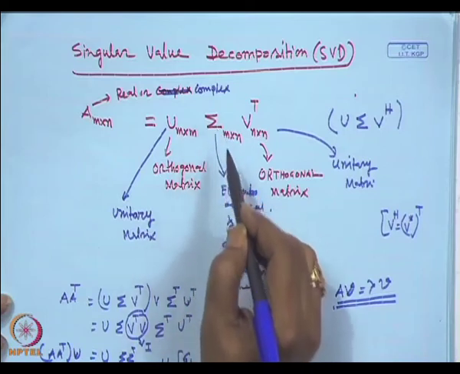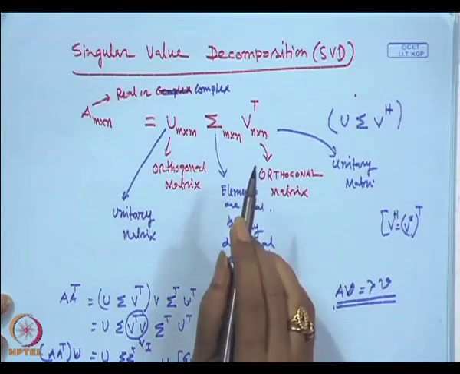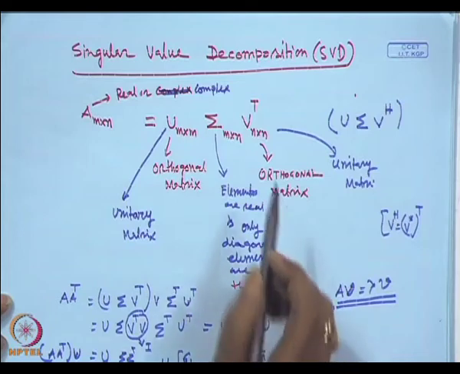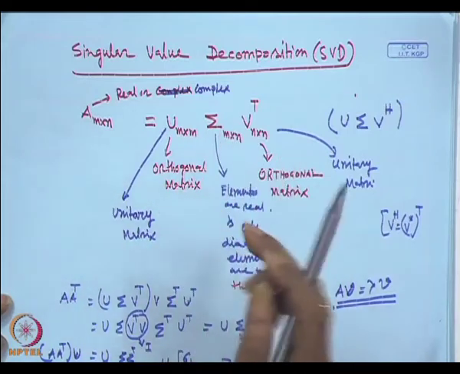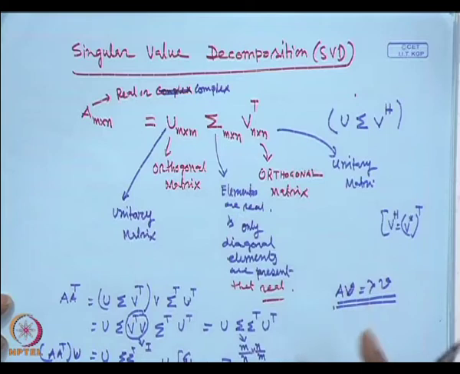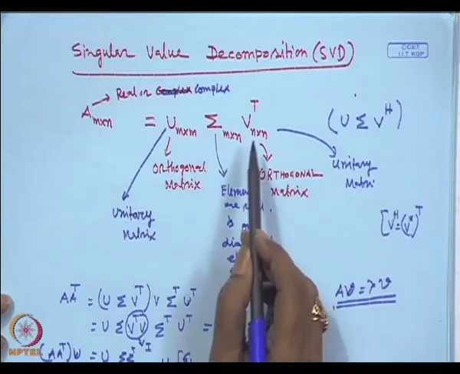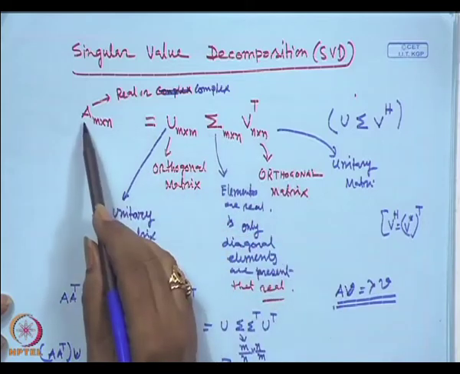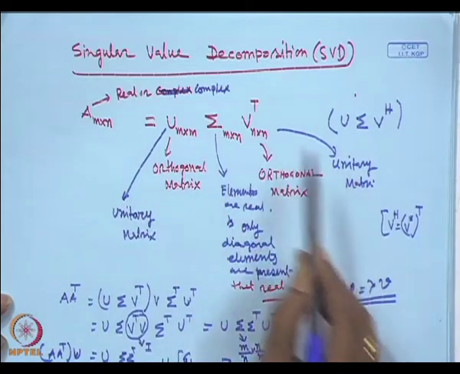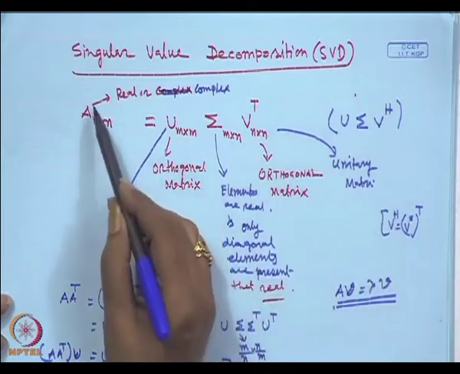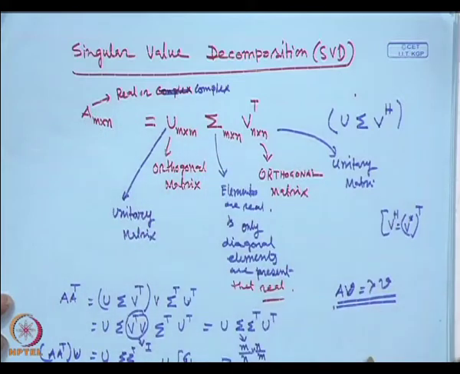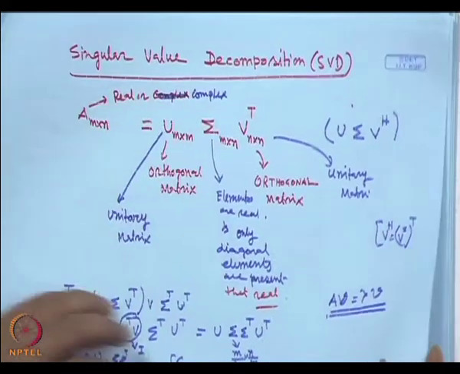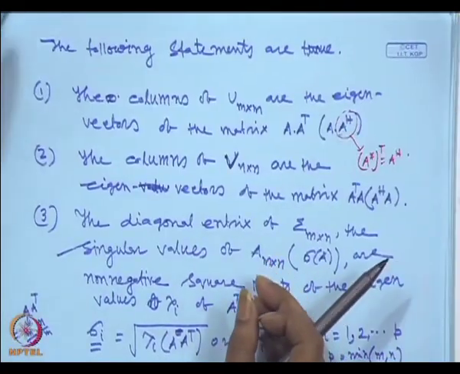and each of the diagonal elements is real and positive, arranged in descending order. V is also orthogonal if A is a real matrix, and it will be a unitary matrix if A is a complex matrix. Then we came to a conclusion with the derivation of all these things.